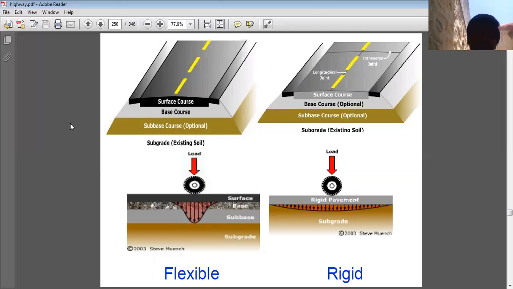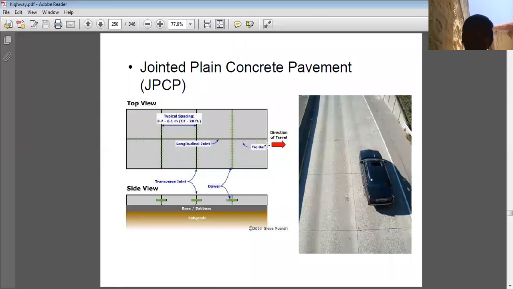See the difference between flexible and rigid. Surface course, base course, sub-base course optional. It is the same in rigid also. Base course, sub-base course is optional. Subgrade, existing ground. Flexible and rigid pavements. Jointed plain concrete pavement, top view, typical spacing.